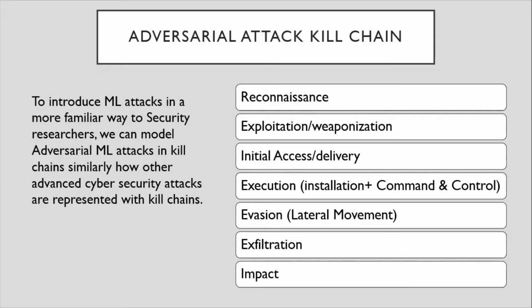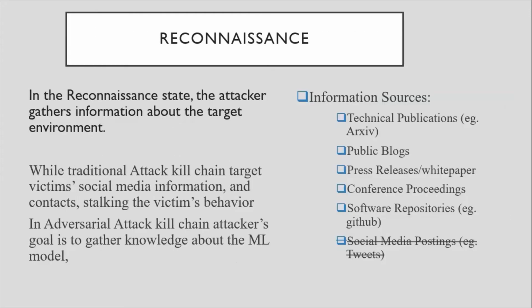Let's start with reconnaissance. This stage is actually the information gathering stage. Other cybersecurity attackers mostly target social media based information, other open source information, company organization data, website data, and scraping data. That was the goal in this stage for other cybersecurity attacks. But for machine learning attacks, it will be more narrow.